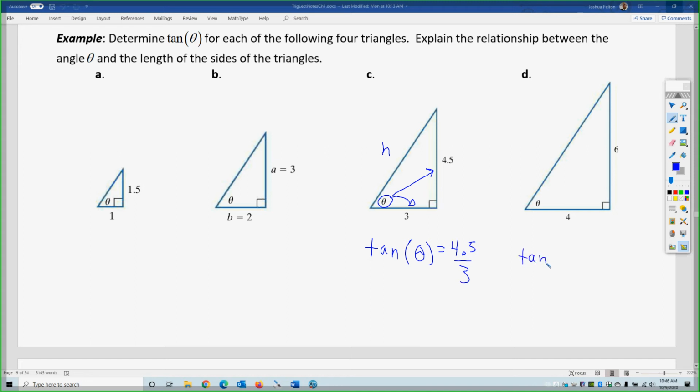So the tangent of theta equals 6 over 4 for this triangle, and the tangent of theta equals 3 over 2 for this triangle, and the tangent of the theta angle is 1.5 over 1. But if you think about it, 1.5 over 1, 3 over 2, 4.5 over 3, and 6 over 4 are all equivalent to 3 over 2, aren't they?